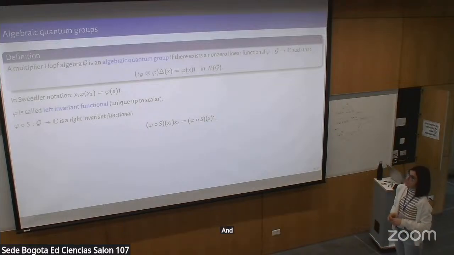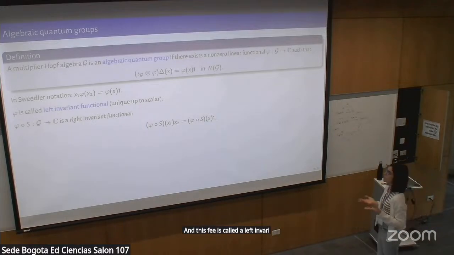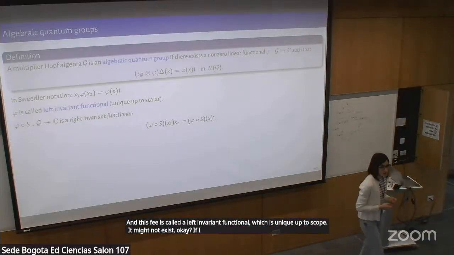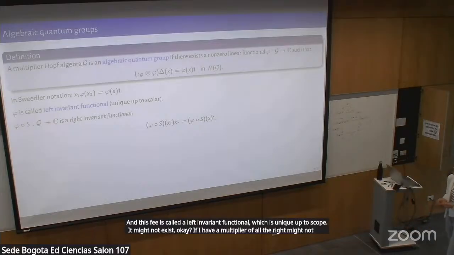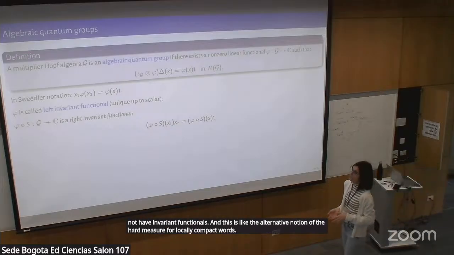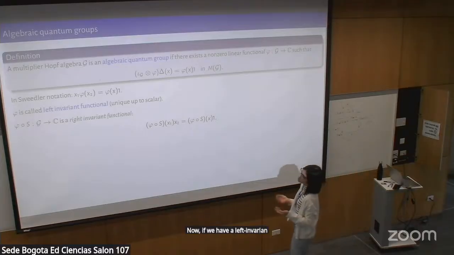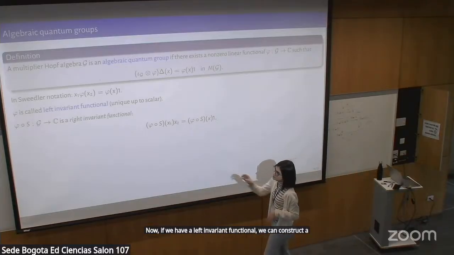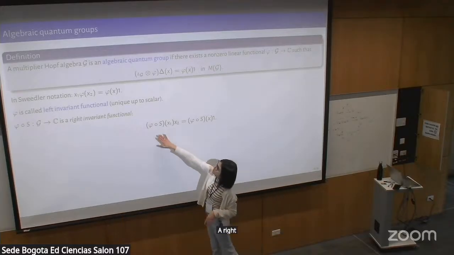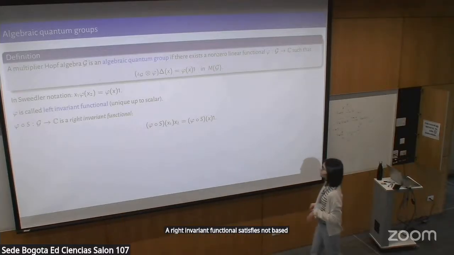This phi is called a left invariant functional, which is unique up to scalar. It may not exist: if I have a multiplier Hopf algebra, it may not have invariant functionals. This is like the algebraic notion of the Haar measure for locally compact groups. Now, if we have a left invariant functional, we can construct a right invariant functional by composing with the antipode. A right invariant functional satisfies this condition.